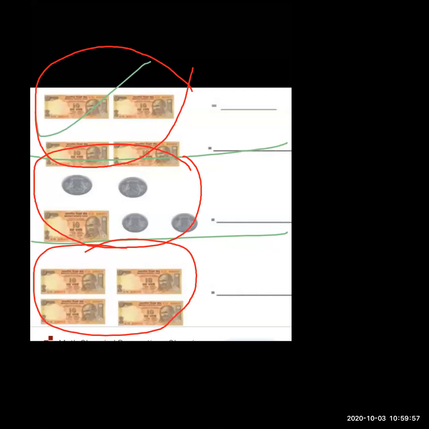Which note is there in the first one? 10 rupees note is there. 10 plus 10 plus 10 plus 10. Total how much rupees? You want to add 10 four times. How much rupees? Very good. That is total 40 rupees.